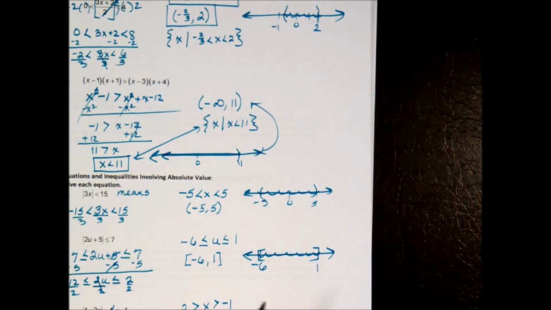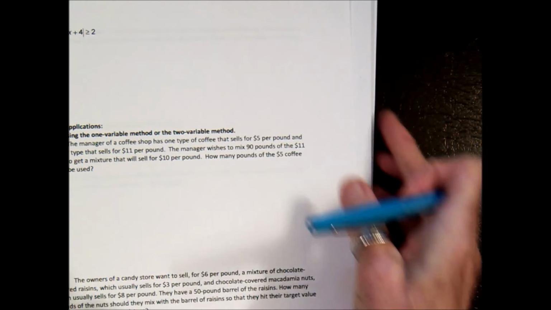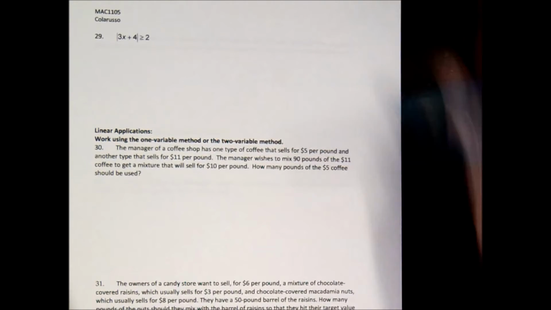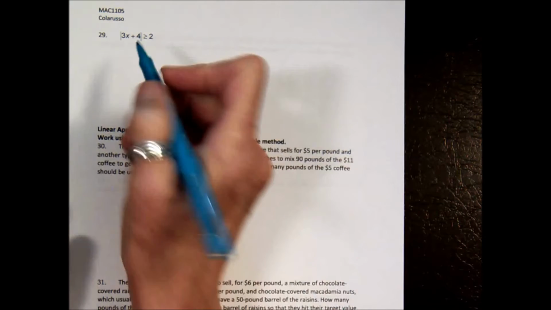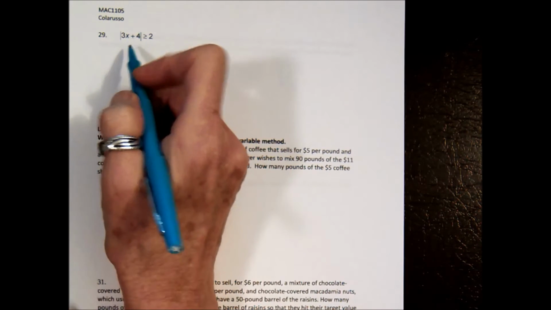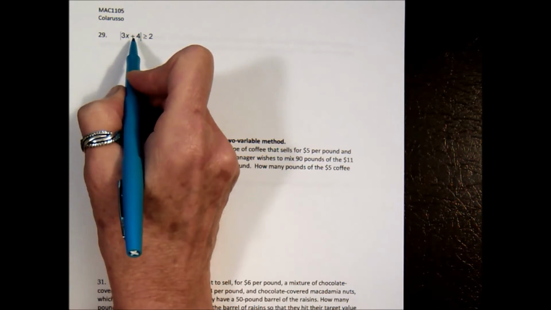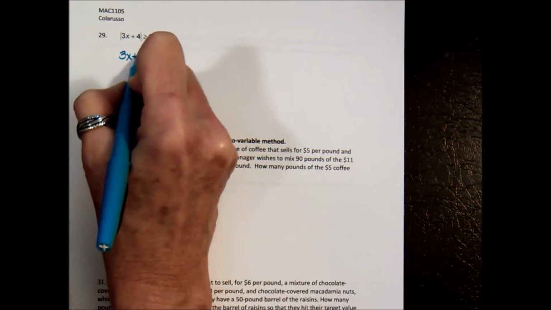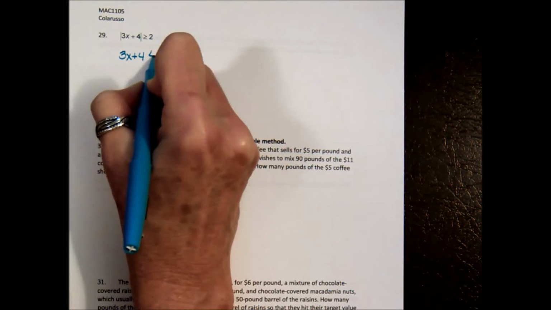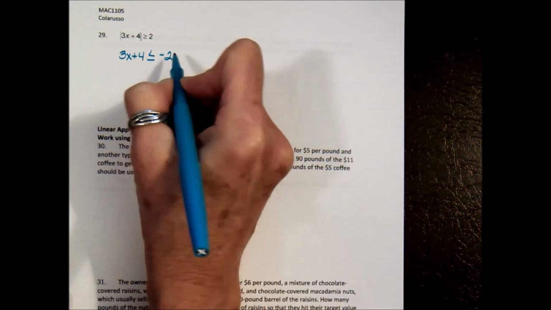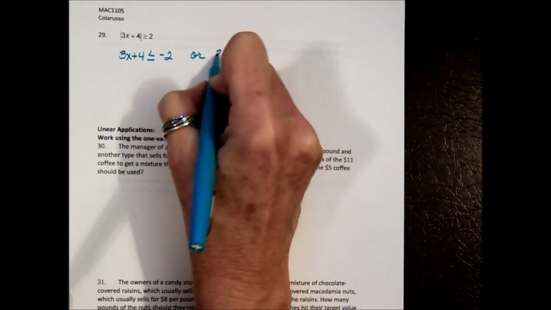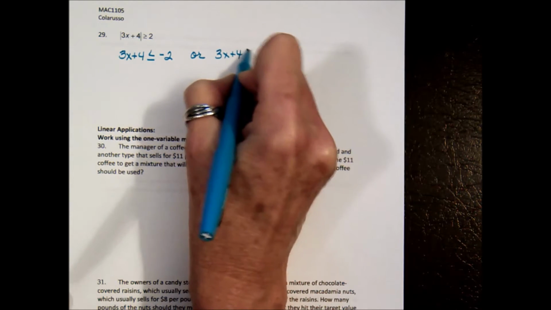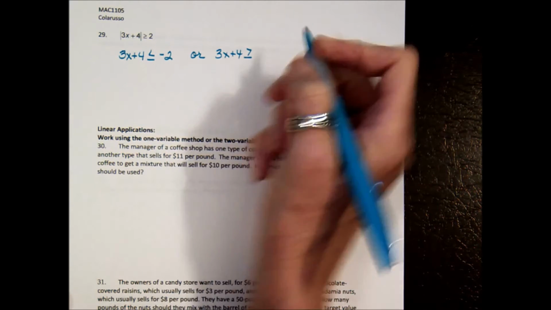All right, let's look at a type 2. It is more work. It is more difficult. I understand. What this means, take this out of absolute value since it is isolated, is that 3x plus 4 is less than or equal to negative 2, or 3x plus 4, keep the greater than, is greater than or equal to positive 2.